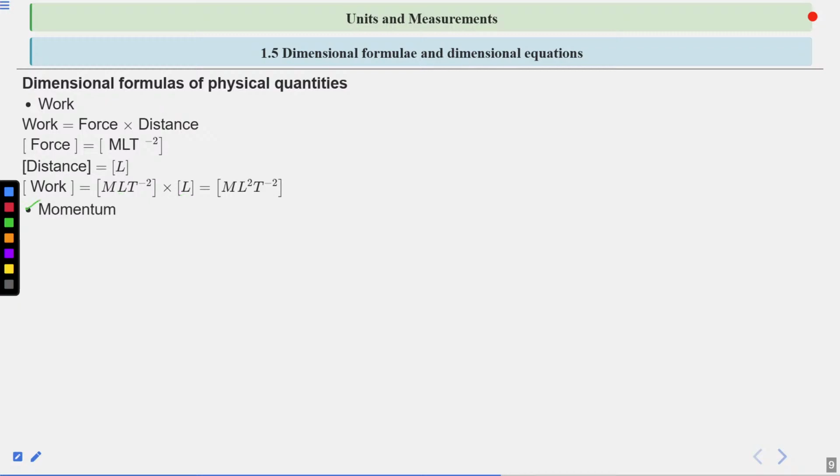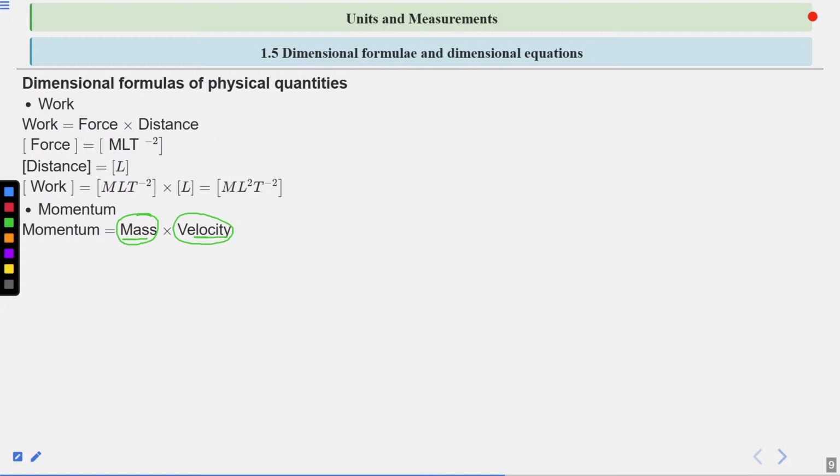Next is momentum. Same question: to derive the dimensional formula of the physical quantity, first of all, what is the formula of momentum? The formula is mass into velocity. Now the dimensional formula of mass and the dimensional formula of velocity. What is the formula of velocity?